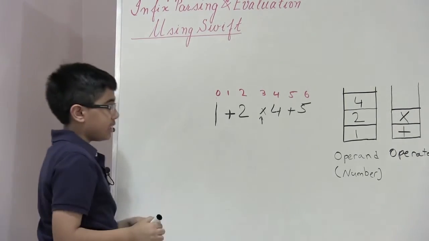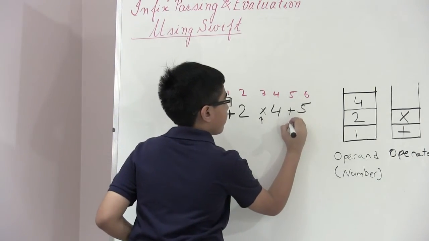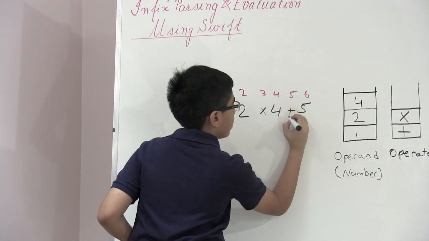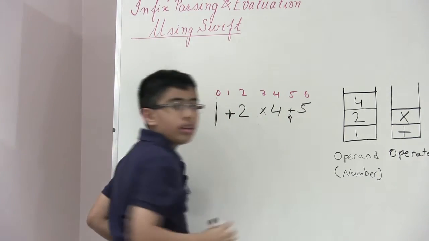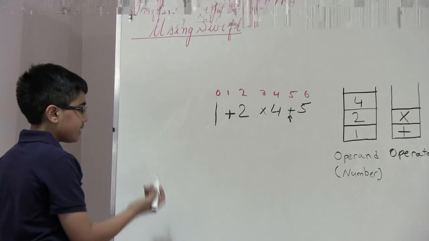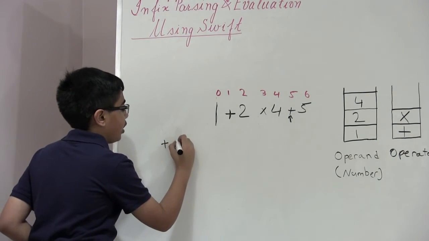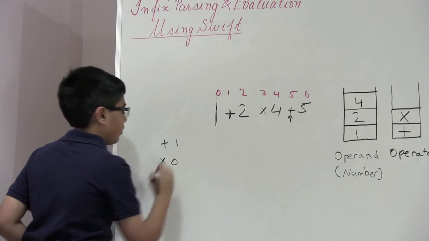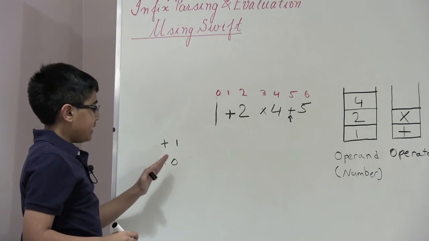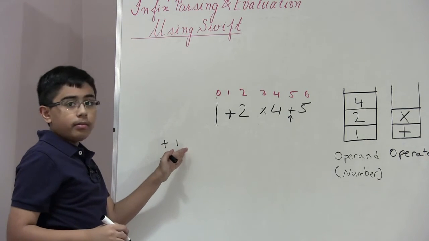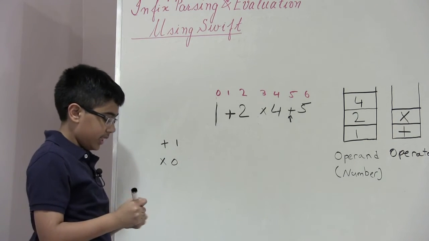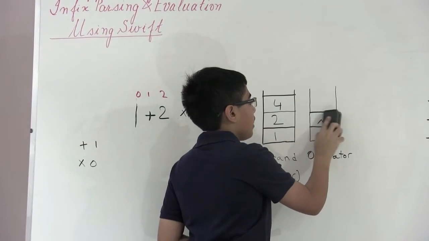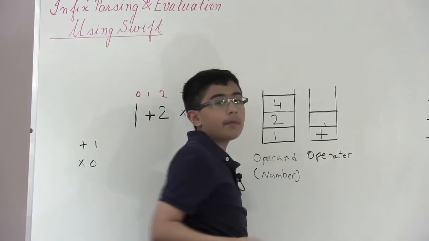As you can see, we're currently on this plus, and we're not on this times. So we note down the plus's priority, which we know is 1, and the times priority, which is 0. So now we know that 0 is less than 1, so what we do is we pop the times out of our stack.